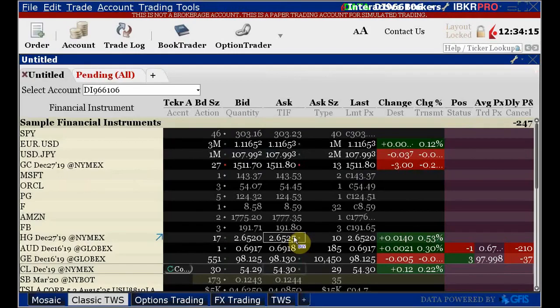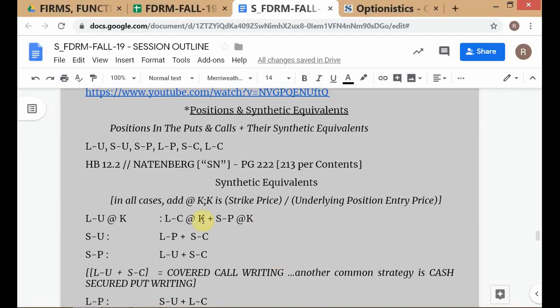They'll take some time to launch, but the point is that I can figure out these prices, right? I can look at the market and figure out what is the price of a call at K and what is the price of a put at K.